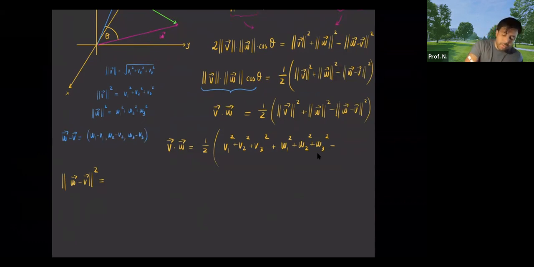So what is that going to produce? That's going to produce W1 minus V1 squared plus W2 minus V2 squared plus W3 minus V3 squared, because I get rid of the square root when I square this. So there's a lot of squares, guys. Is that clear?